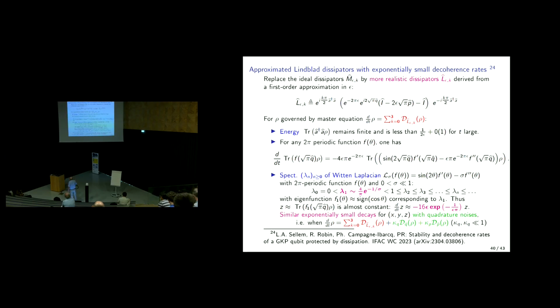But if you take typically the first order approximation with respect to epsilon, then you can prove, in fact, that inside the code space, you have in fact dissipation, okay, which is exponentially slow with this. And it is based on typically something which is called Bessel Laplacian, and it was in the IFAC World Congress in Yokohama 2 years ago.